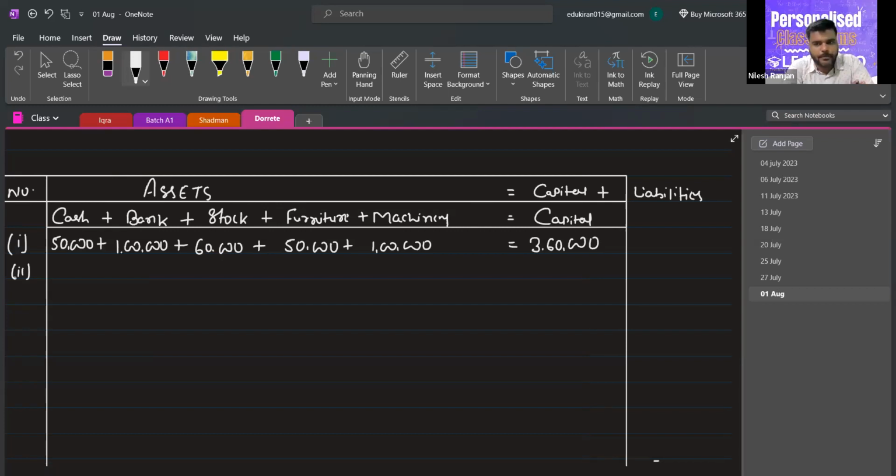How did you get 3,60,000? We have to add all these. But only the cash will be counted, right? No. Actually, whatever the owner invested at the time of starting the business, all items are termed as capital. So the total will be written in capital.